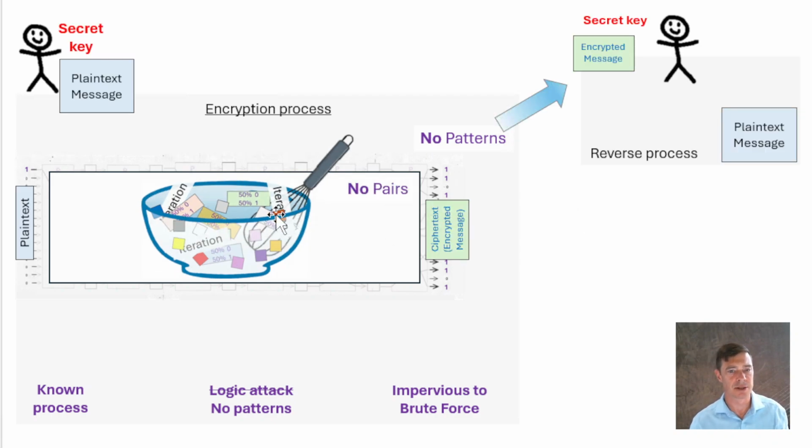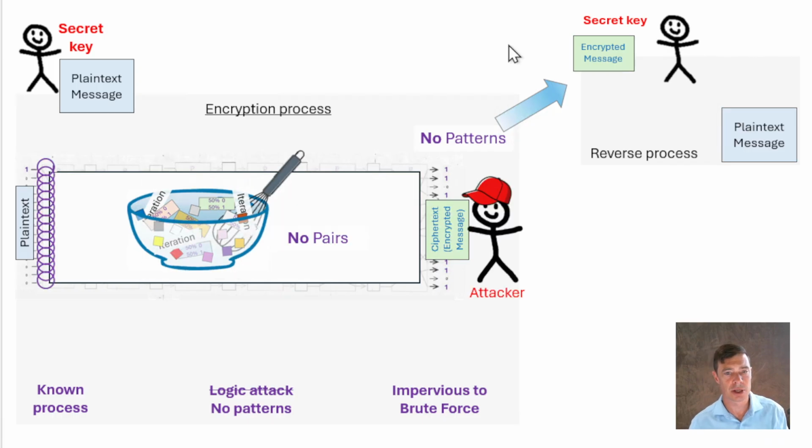This mixing is what simultaneously breaks the one-to-one connection and produces the complete random nature, the no patterns in the output. So if we're an attacker and we have this ciphertext, our only option is to start from all the inputs and compute forward, which is to say our only option is brute force.